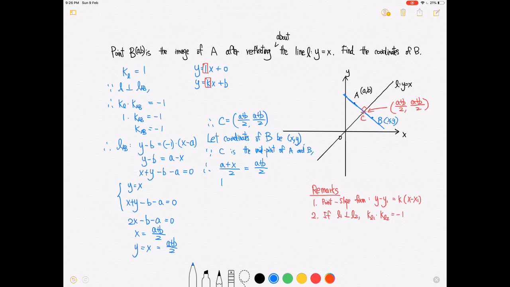The y coordinate of A plus the y coordinate of B, over 2, is equal to the y coordinate of C.